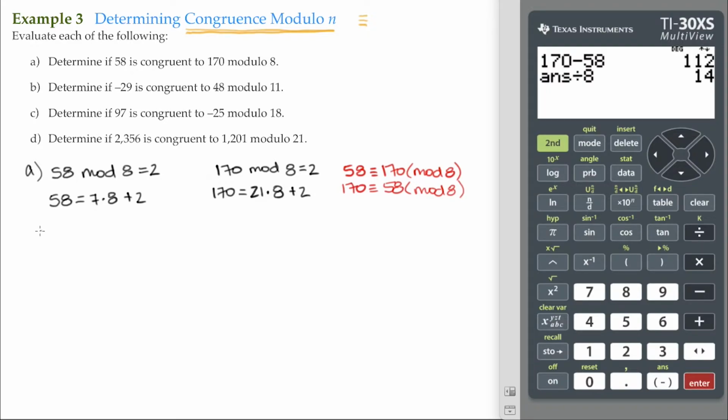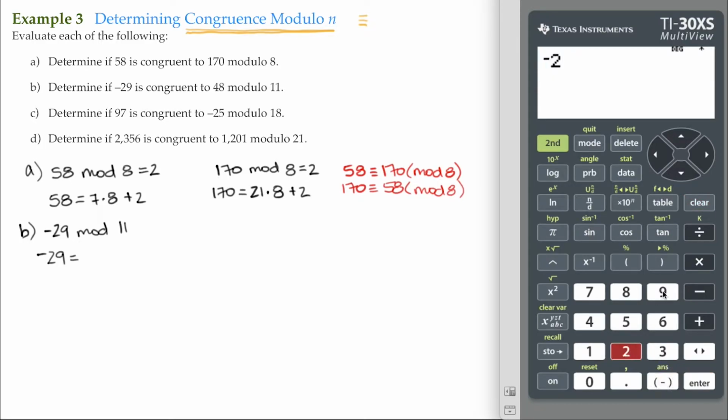Let's try B. Determine if negative 29 is congruent to 48 modulo 11. So negative 29 mod 11, using the division algorithm, negative 29 divided by 11.